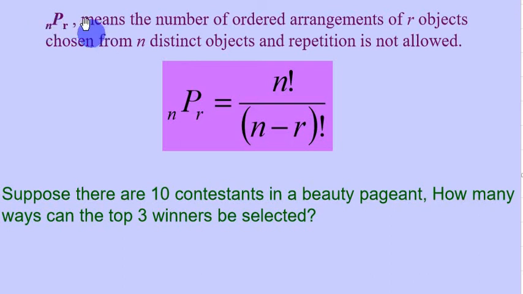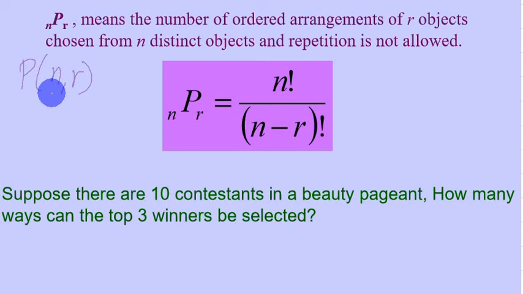This is read as the permutation of n objects taken r, or colloquially nPr. It can also be written as the permutation of n objects taken r objects at a time.